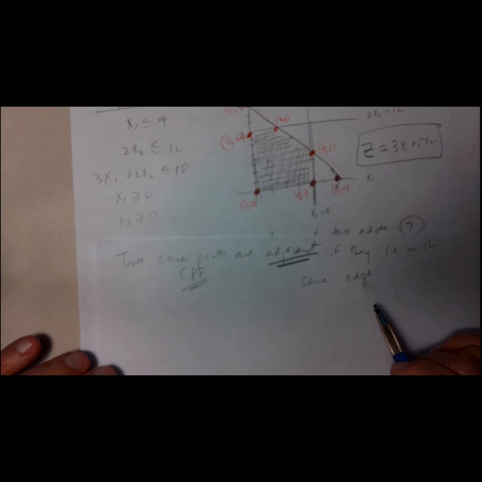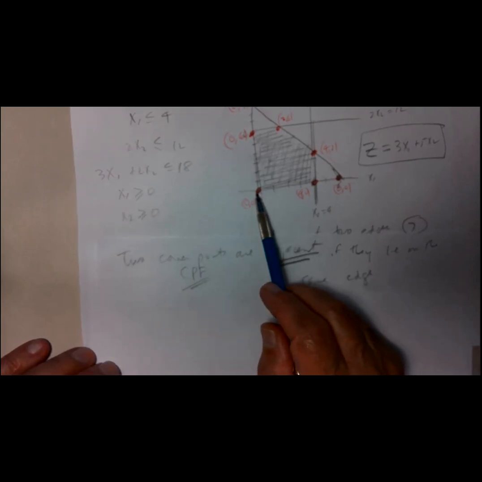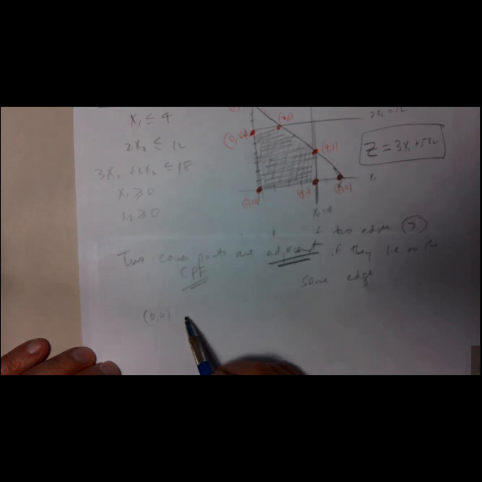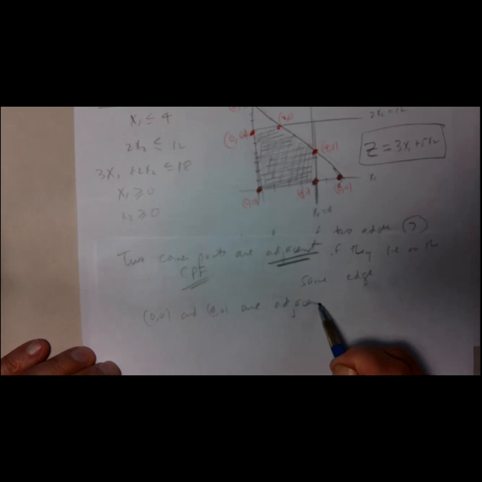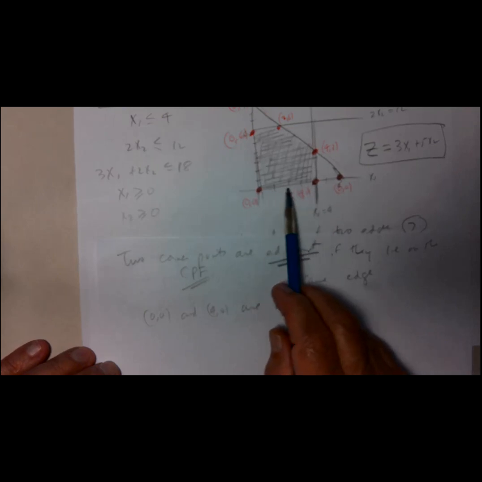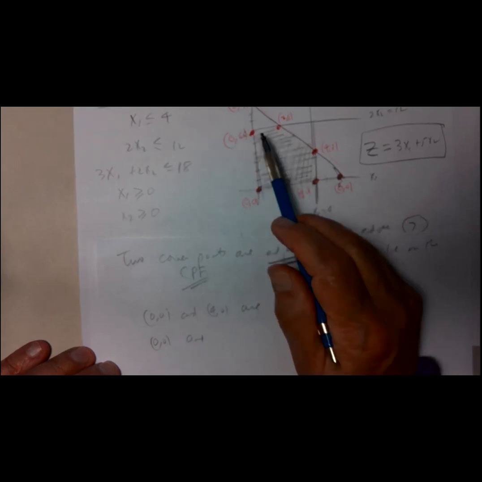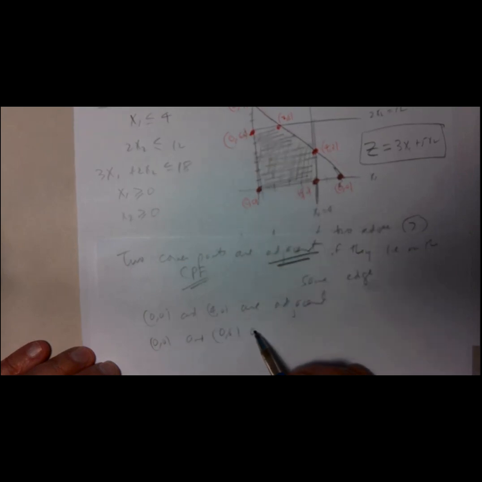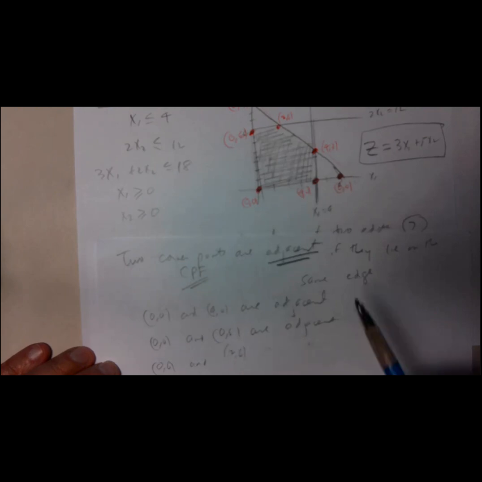on the same edge. So for example, (0, 0) and (4, 0) are adjacent because they lie on this edge of the feasible region. (0, 0) and (0, 6) are adjacent because they lie on this line. (0, 6) and (2, 6) are adjacent.